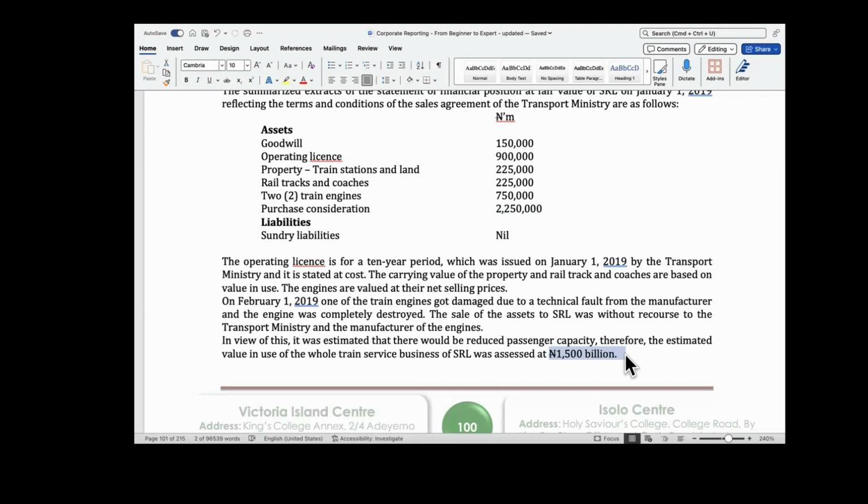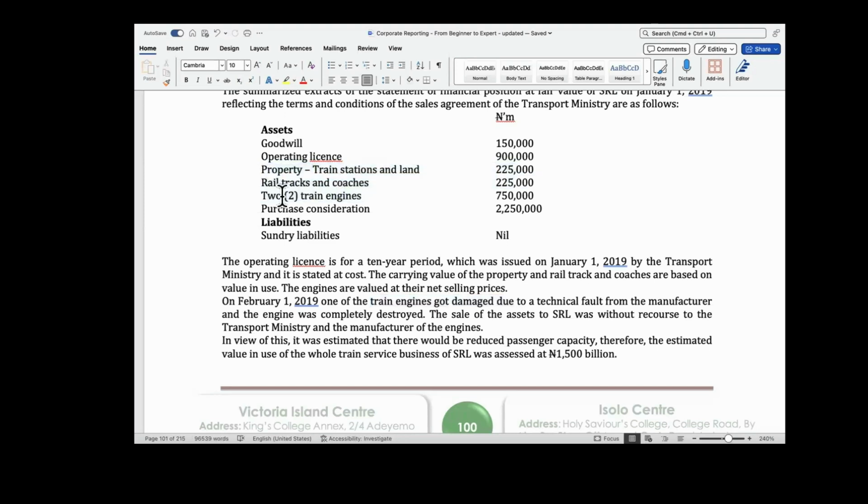But you need to allocate that 750 to all these other assets, based on the basis of allocation we learned. And of course, in February, one of the engines was damaged. So we already know which one we would prioritize. We're going to prioritize the engine in allocating impairment loss, then goodwill, then other assets.